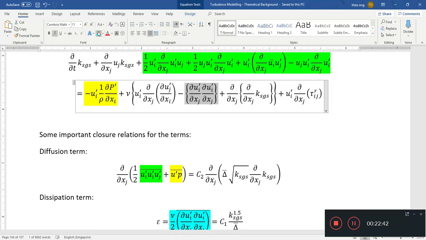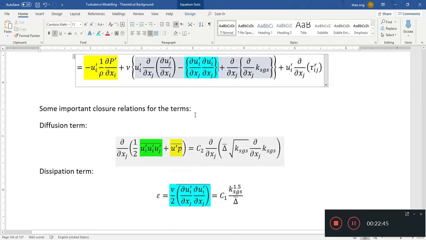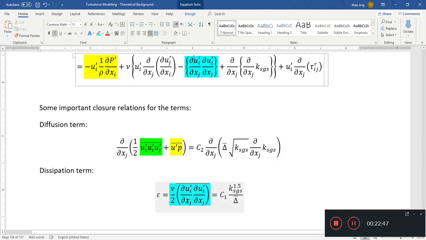Because that's the del ui del xj, this term over here. So this is probably where the closure relation for this comes from, and you have a bunch of remaining terms for viscosity.